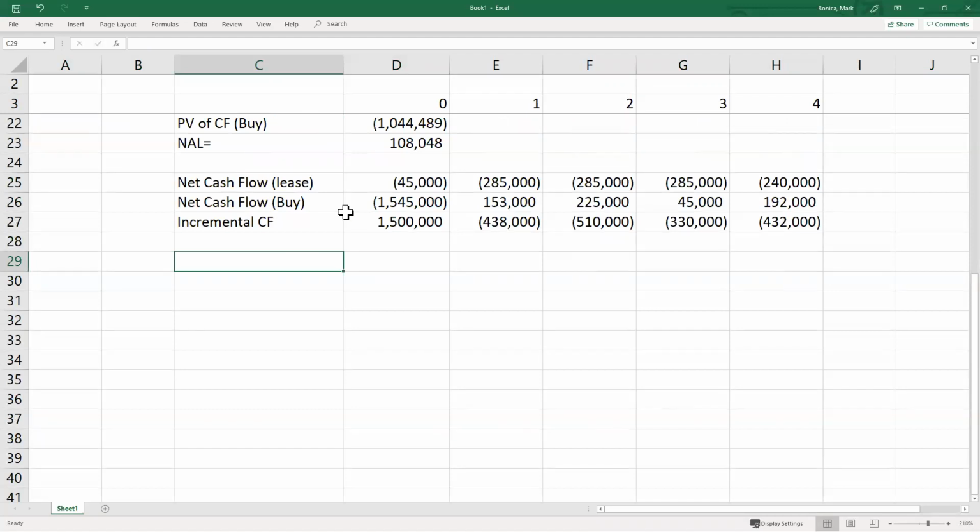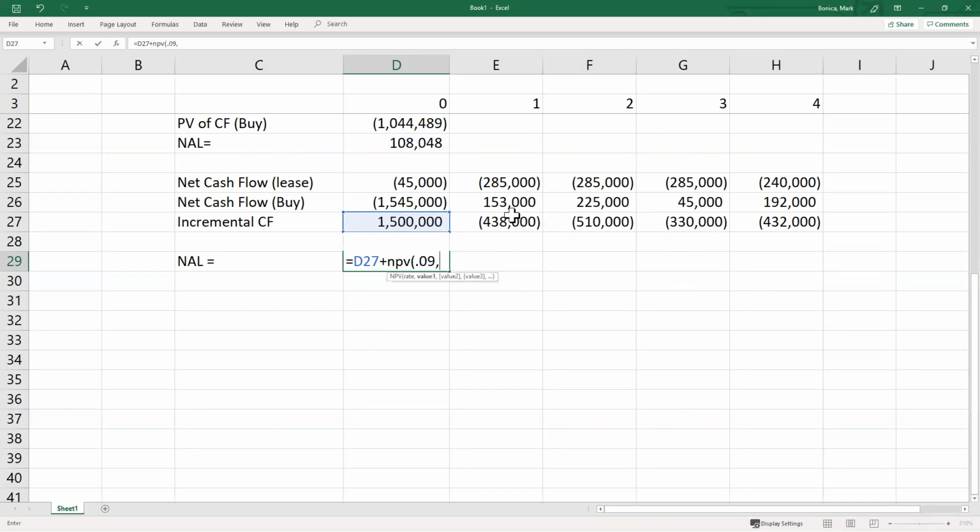We could also still do the NAL, same way as before, treating this sort of like an inverted net present value project. It's going to be equal to the $1.5 million payment plus the present value of the out years, and the discount rate is 9%.